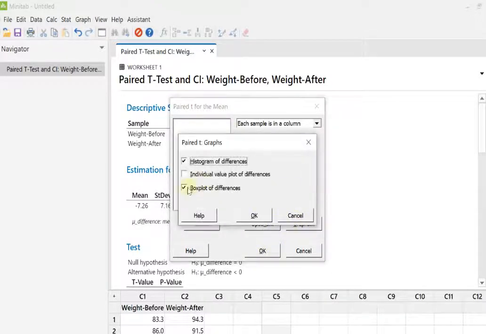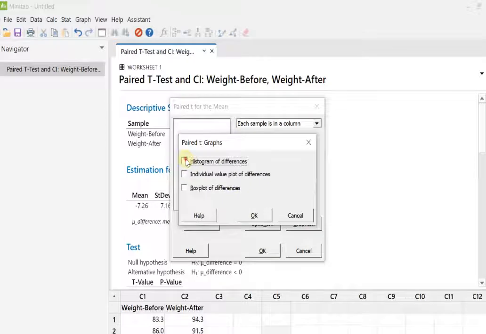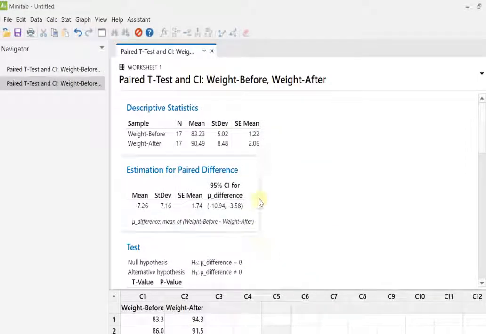And we don't want the graphs anymore. Actually, let me put the box plot in just to show you how different the lower part of it is going to look. And there you go. See, here's our 95% confidence interval, and now you have a lower limit and an upper limit. That's what I had in my notebook. So the true average weight difference runs anywhere between about 4 to 11 pounds here, based on 95% confidence.